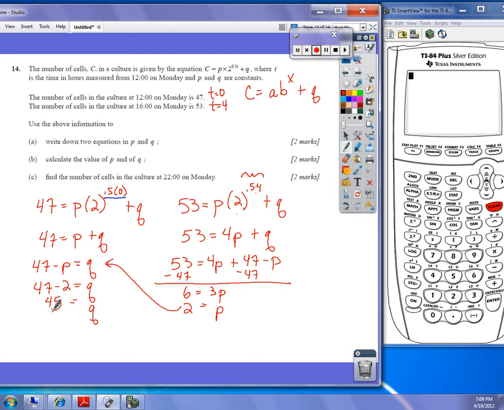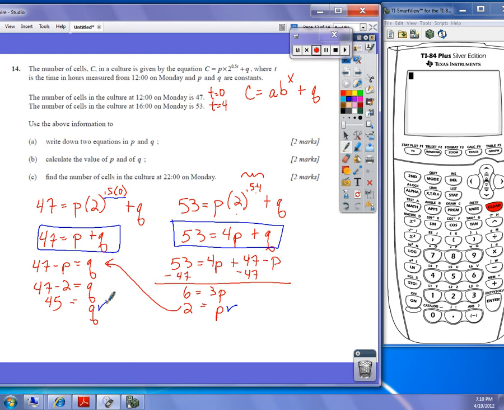Once we figure out a way to set up time as 0 and 4, that makes the problem really easy. So we wrote down two equations, and on your answer sheet, make sure the two equations you write down are this one, equation 1, and this one, equation 2. And we found P was equal to 2 and Q was equal to 45.